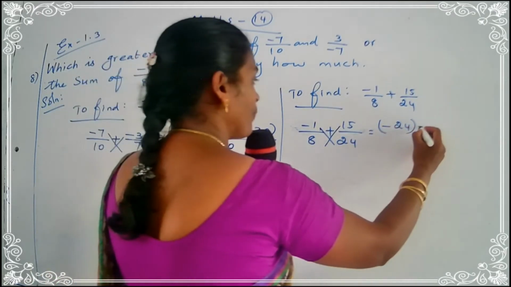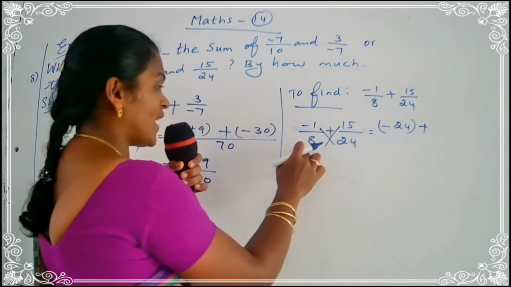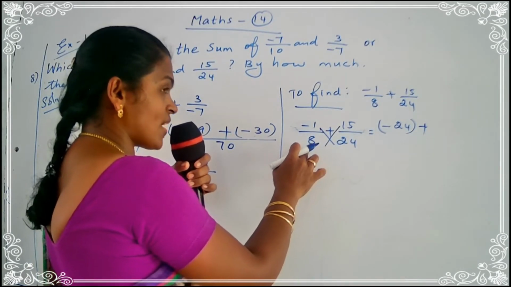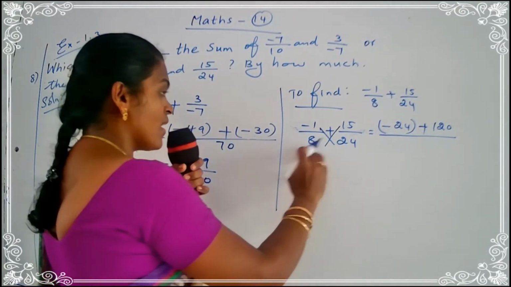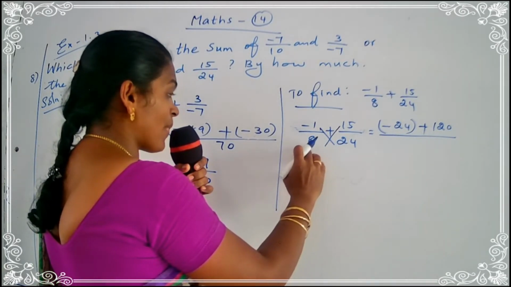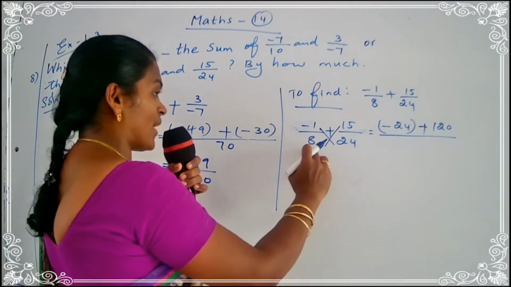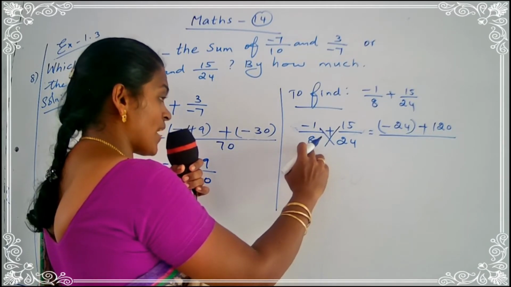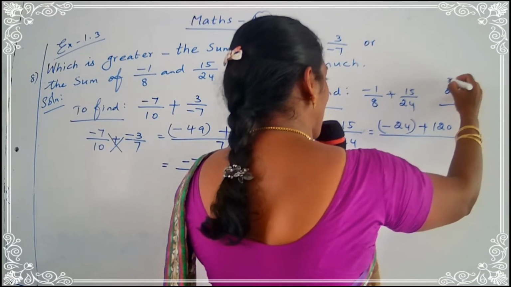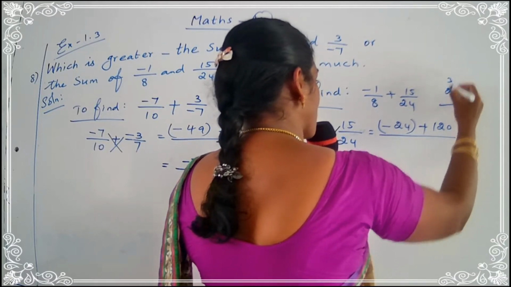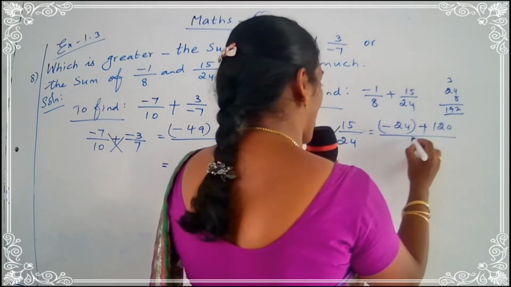Plus 15 8s are how much? 120. Okay. 15 8s are 120 upon the product of the denominators. So 8 into 24. 24 8s are 4 8s are 32, 3 carry. 8 2s are 16 plus 3 is 19. So your answer is 192.